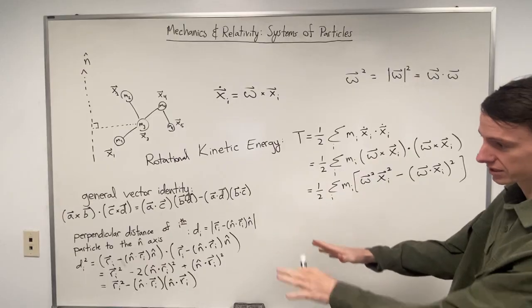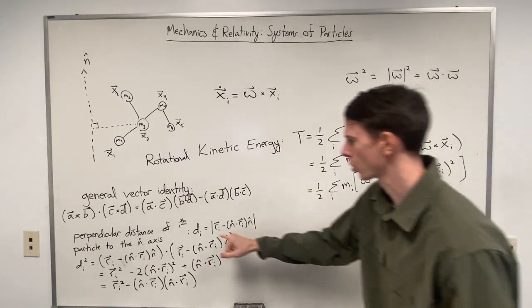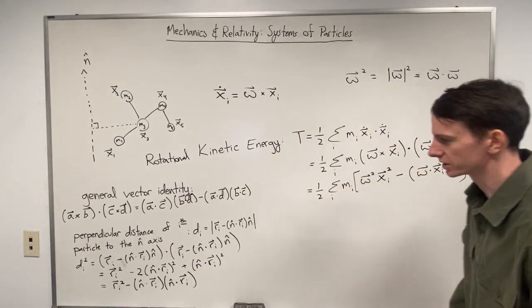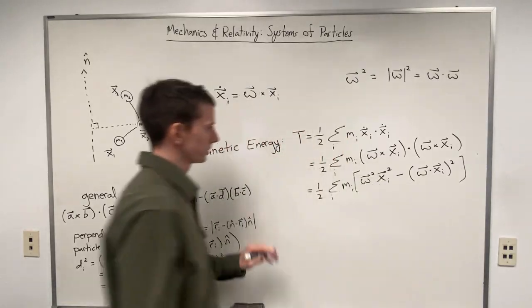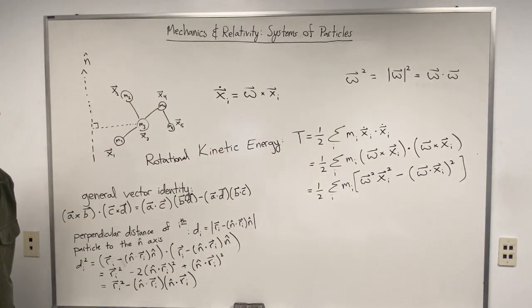Now the reason that I wanted to evaluate this quantity squared here is because if we look at this expression, and then we turn our attention over here to the expression in brackets, they look very, very similar, right?